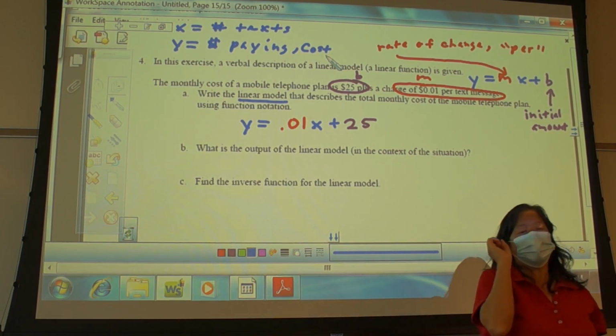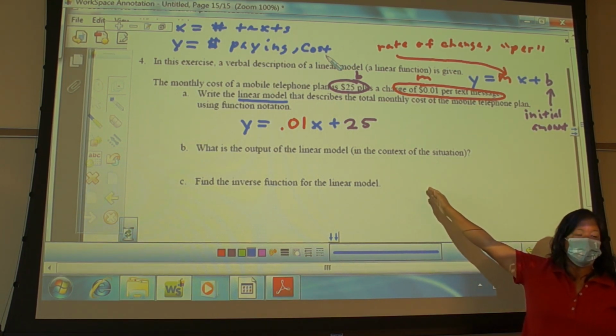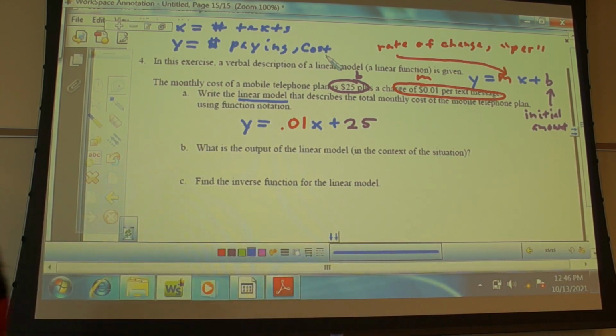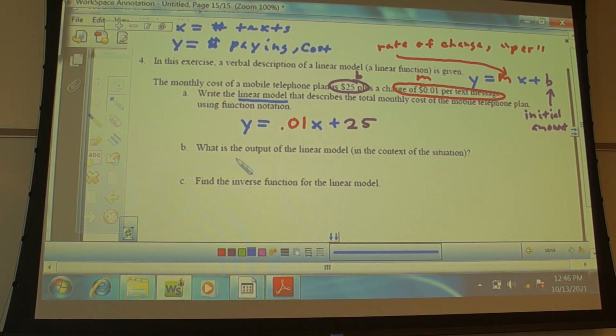When we say context of the situation, we mean in words, like how many cats are being adopted, how many dogs are being walked, the cost of walking a dog. What's it in this case? The monthly cost. Everybody on board with that? Or how much you're paying per month, whatever it is.